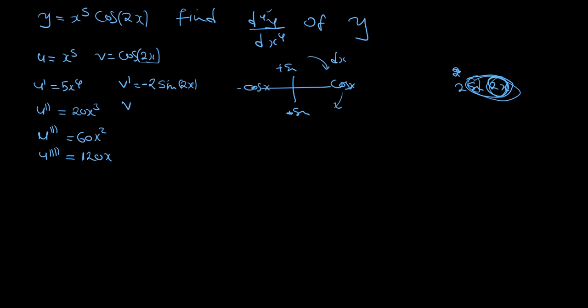So again, for the second derivative of this v, you differentiate the same thing again. You differentiate this angle and it will be 4.